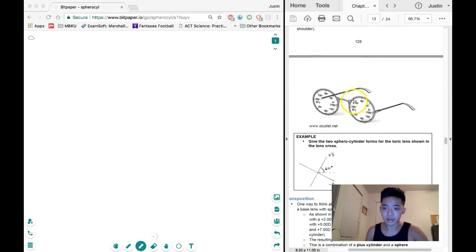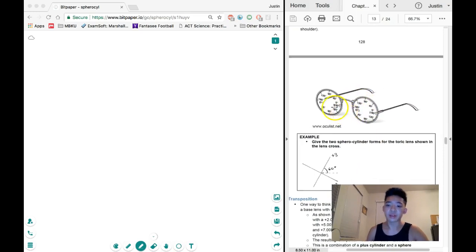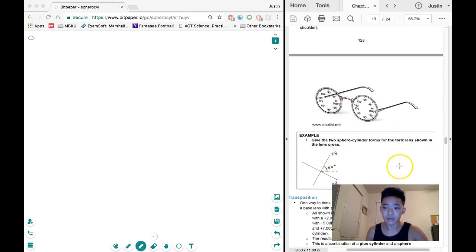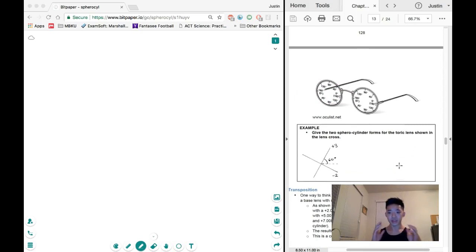This diagram tells us the convention of how we describe the axes, and we describe it from when we're looking at the patient. That patient's left is 180.